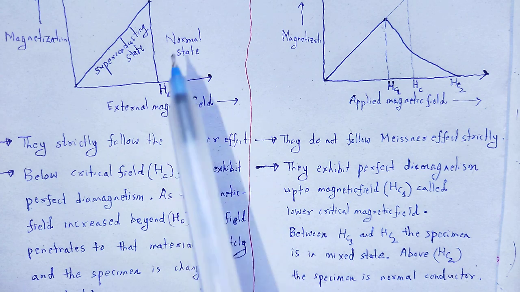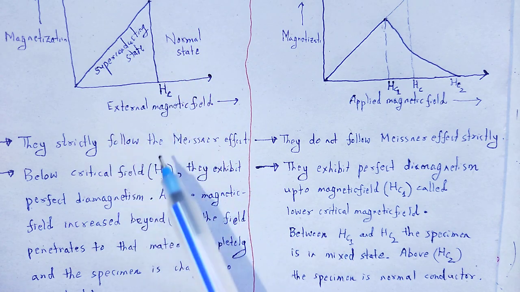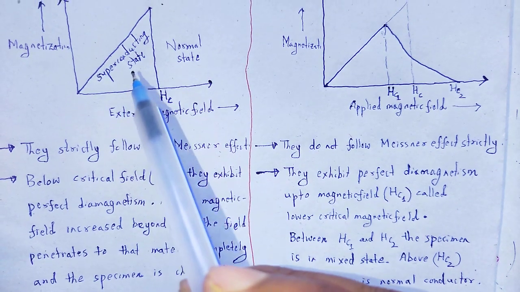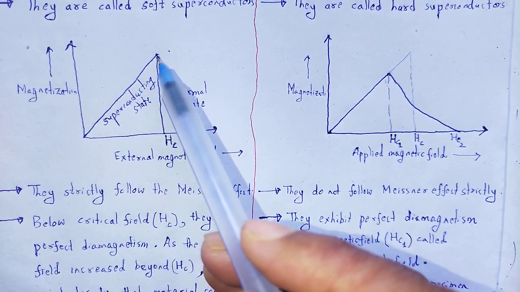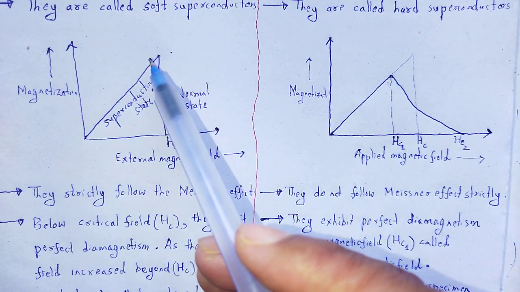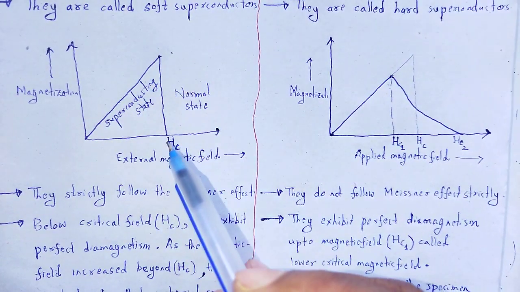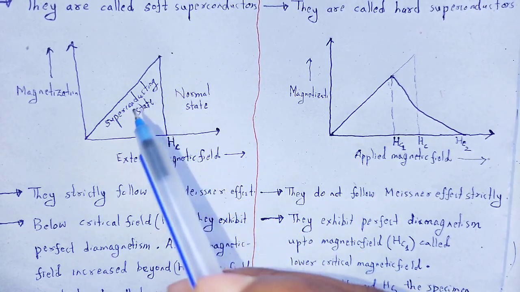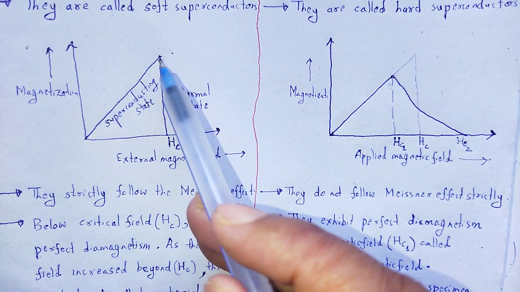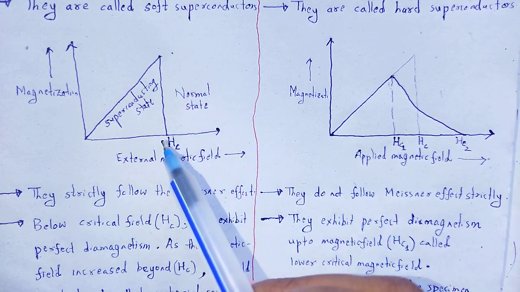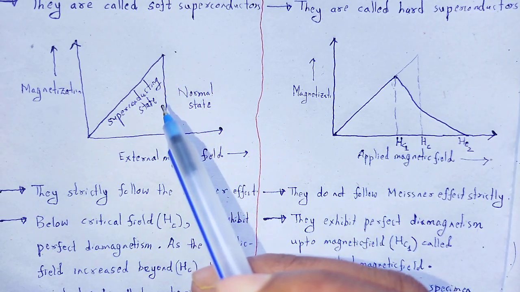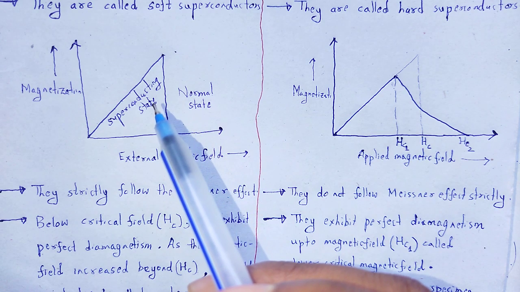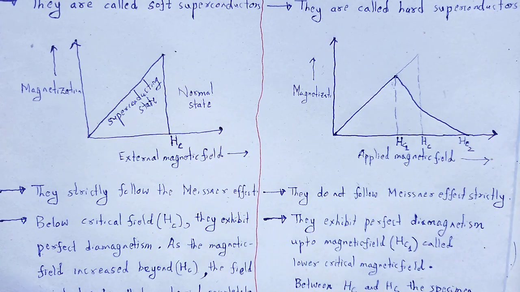Okay. In case of type 1 superconductors, in that graph we see at Hc, the critical magnetic field, that superconducting state changes to normal state, but the process is very rapid, or we can say abrupt.